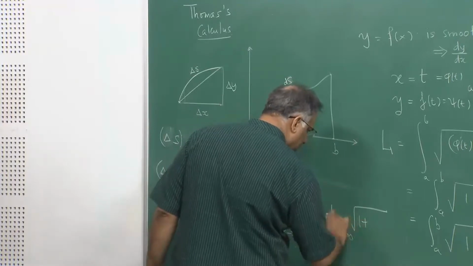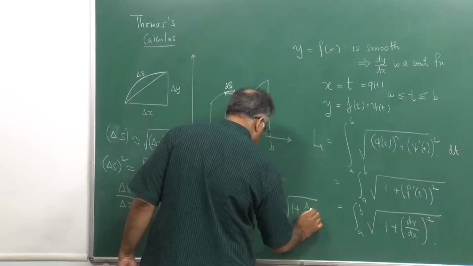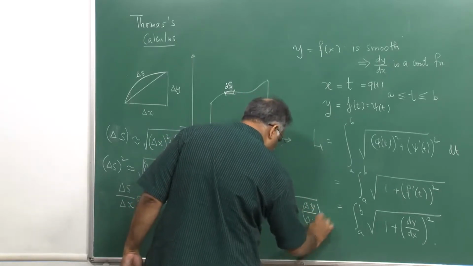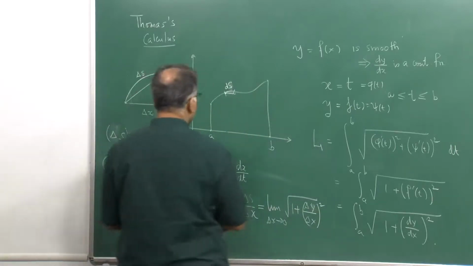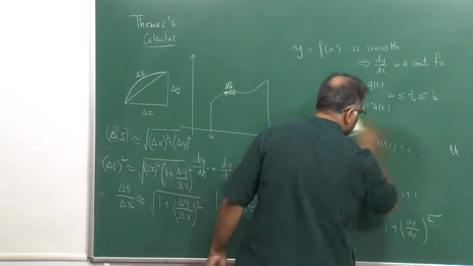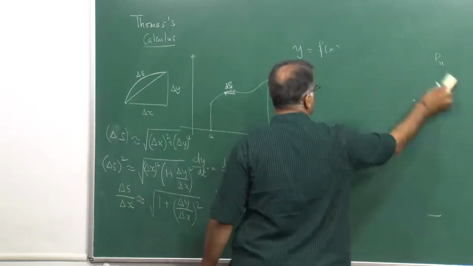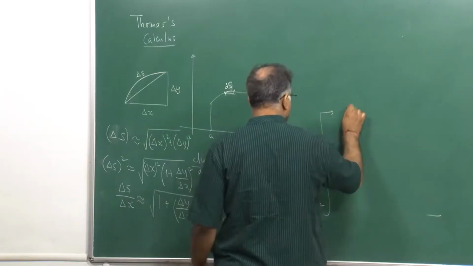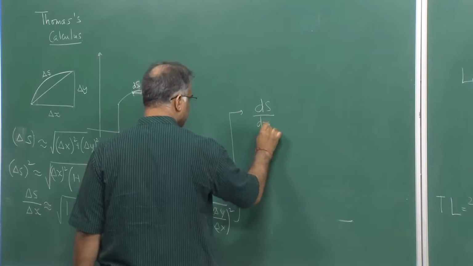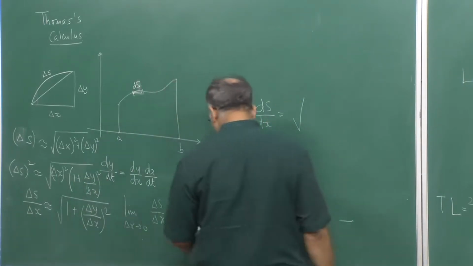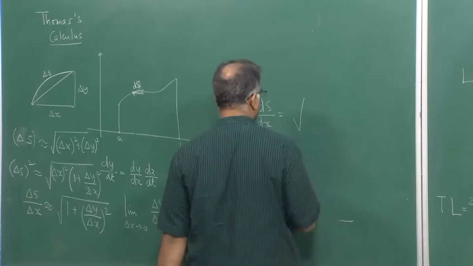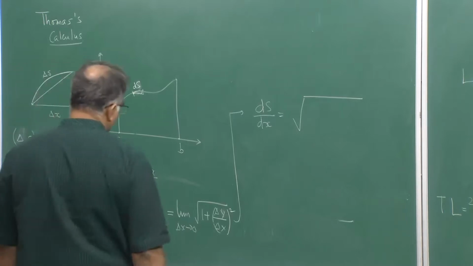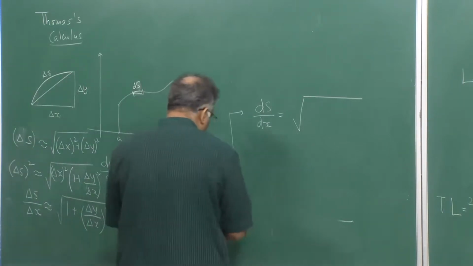Now, what do we get in this limit? From here, this side simply means ds by dx, and because this function is continuous, the limit can be brought inside, because the root function is continuous on the positive reals. 1 plus some square; any square of any number is positive.